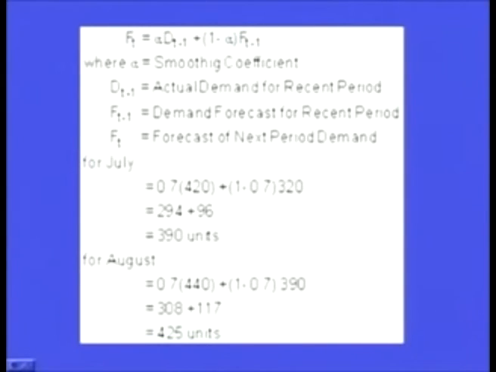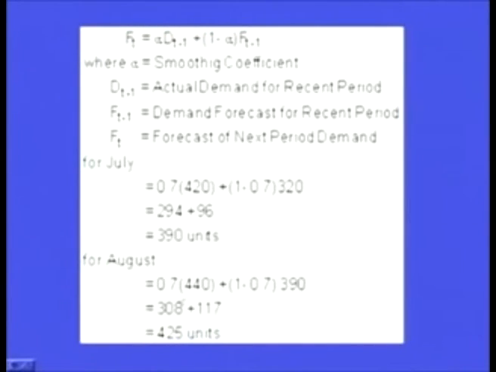Moving average would have given us something else. Exponential smoothing is giving us 390, which is pretty much closer to 440, the actual demand for July. So, if we weigh the latest demands more heavily, our forecast will be more accurate as compared to the simple average method. Now, let us see the forecast for the month of August.